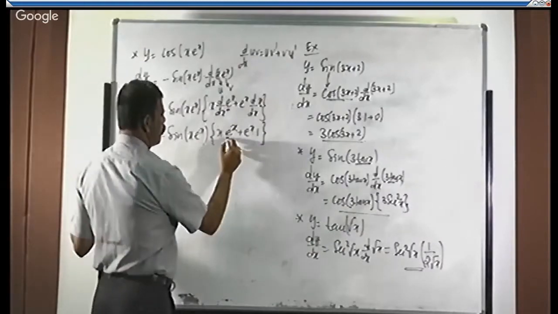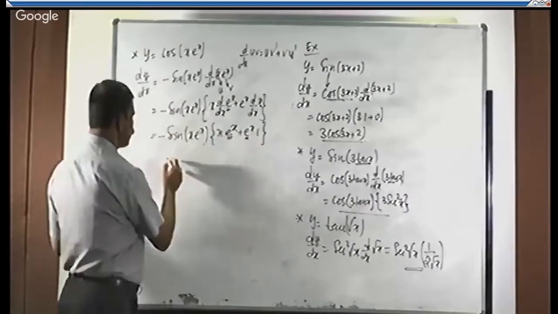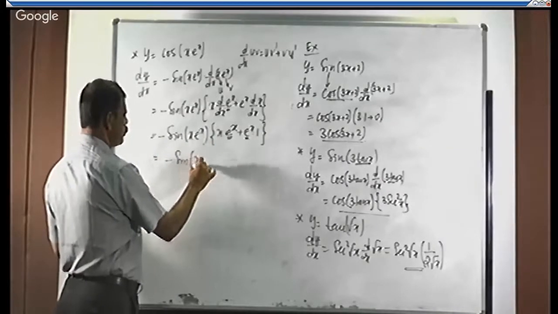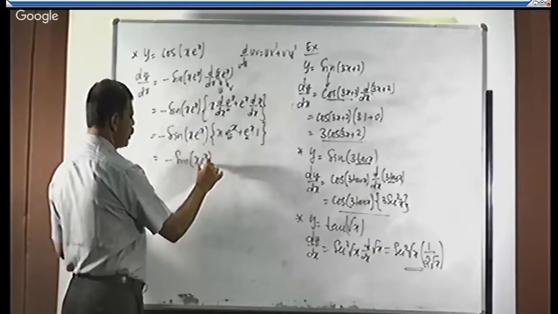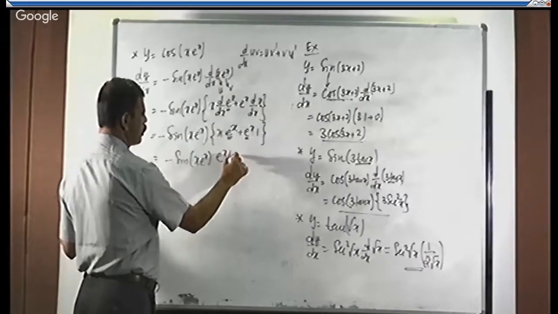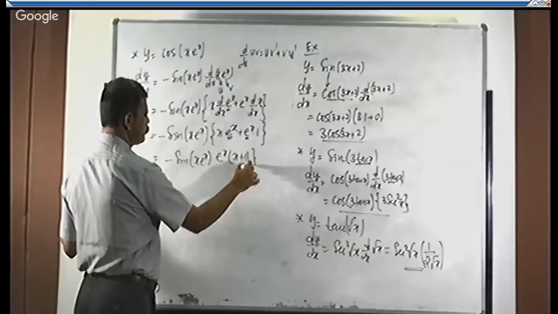Now, by taking e power x as common, you can write: minus sine of x e power x into e power x. If it is taken common, what is remaining? x plus 1. This is the answer.